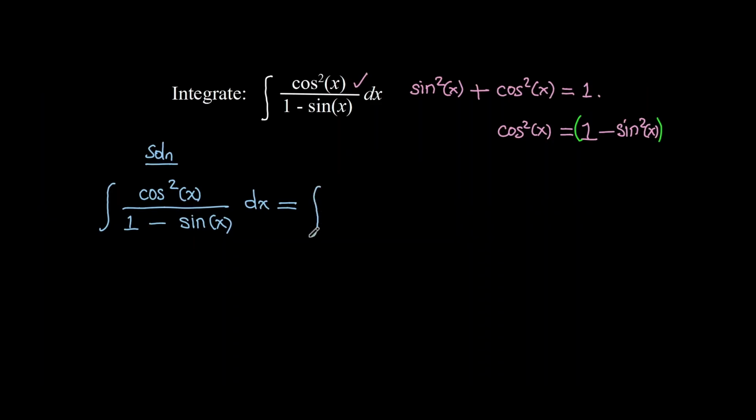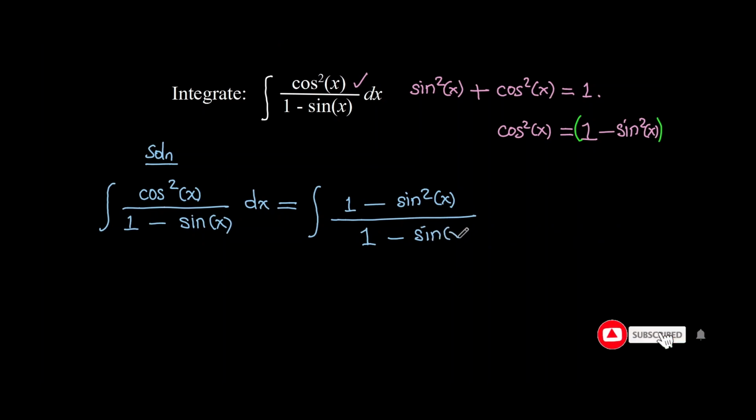So we have the integral where the numerator is now 1 minus sin²x, and we're dividing this by the denominator 1 minus sin x with respect to x. After that, what next?